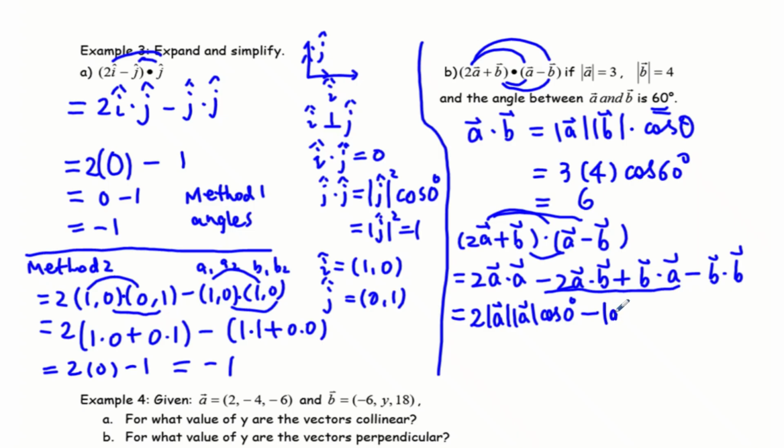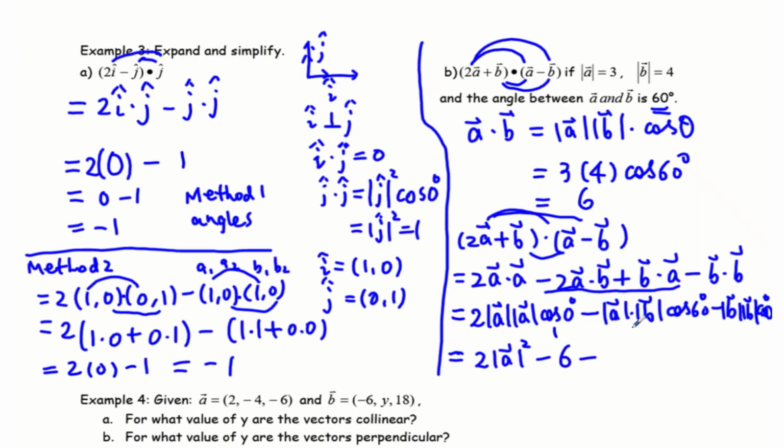So a dot b is a, b, then cosine of the angle between the two. Then minus b magnitude, same thing, cosine 0 degrees. So cosine 0 degrees gives us 1. So we only have 2 a magnitude squared minus ab cosine 60, which gives us 6.